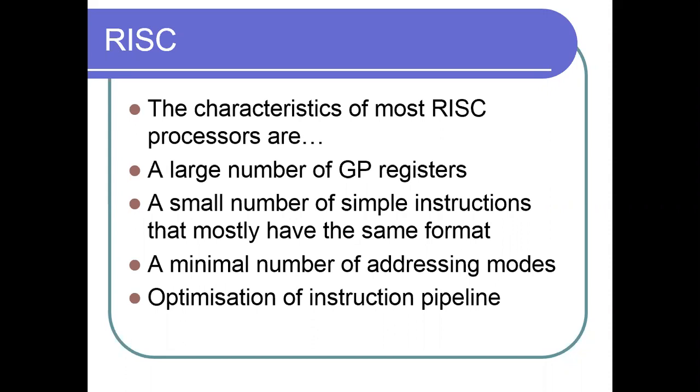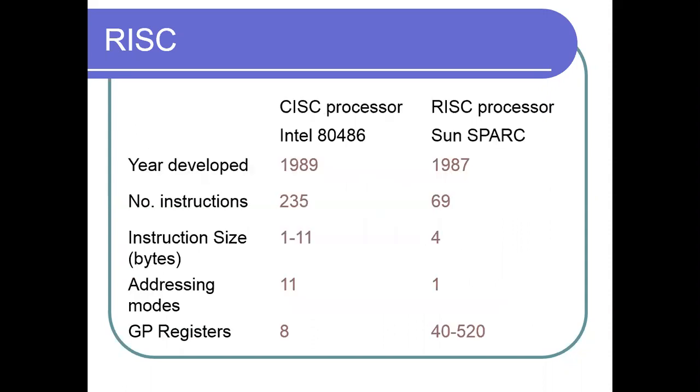In CISC, we were having variable length instructions. Here, we are having same length instructions. The number of addressing modes is also less. In CISC, the number of addressing modes was higher. And here, optimization of the instruction pipeline is there.